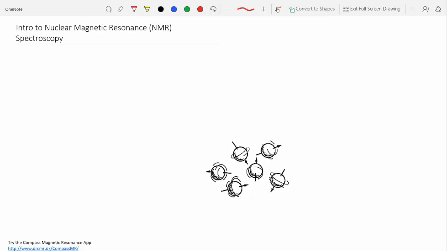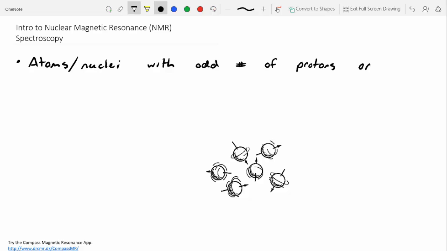small chemical samples. The main thing with NMR is to remember that atoms and nuclei have atomic spin. Specifically when they have an odd number of protons, or neutrons.